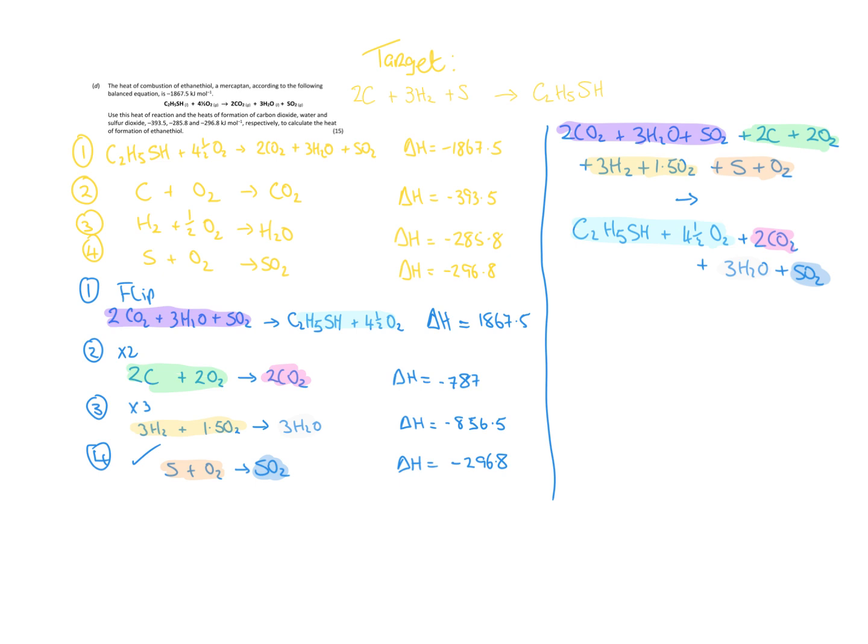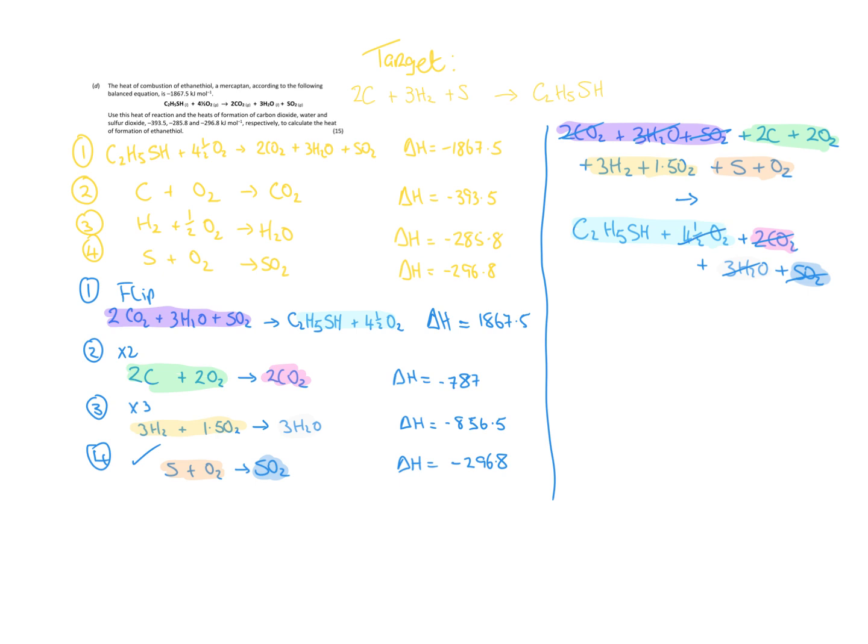So if we go and cancel out things now that are in common on both sides, we can see we've got 2CO2 in the reactants and 2CO2 in the products. We've 3H2O in the reactants, 3H2O in the products. We can also see that we have an SO2 in the reactants and an SO2 in the products. And finally, we have 4.5 oxygens in the products.